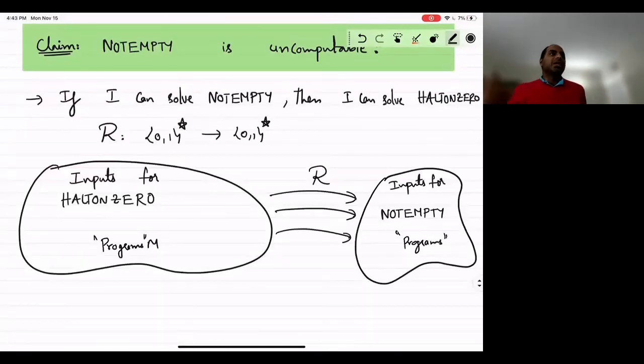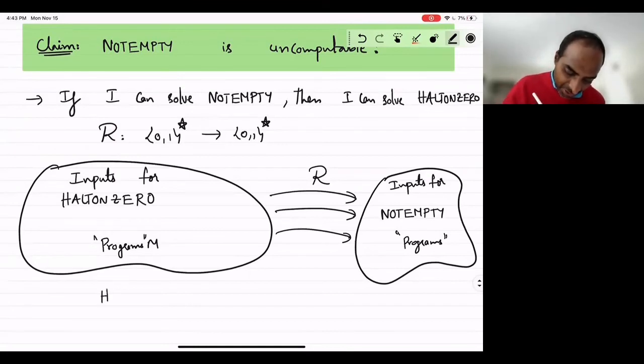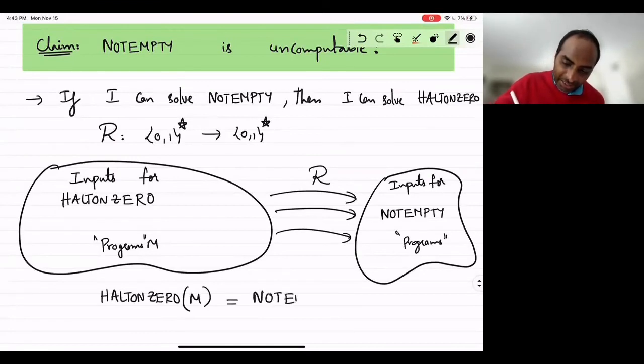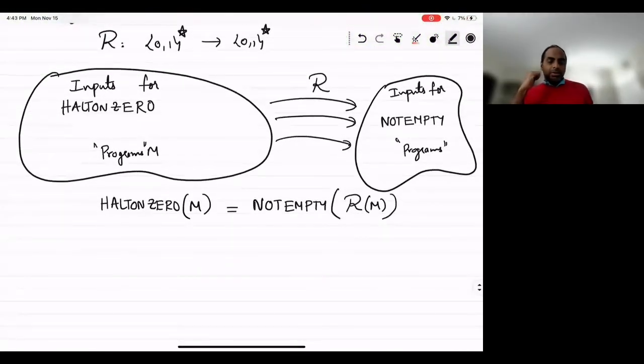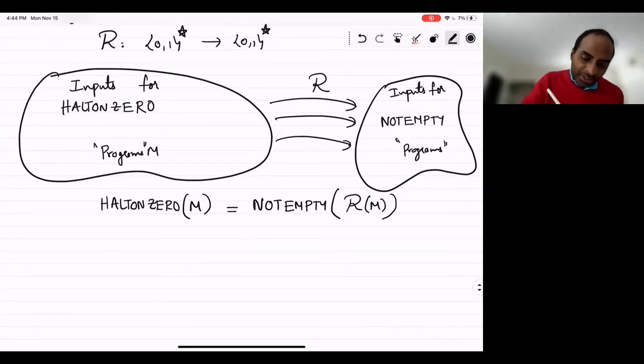So we need to go from one notion of programs to the other. Okay. And we want this conversion to satisfy the property that for any input string m, when we view it as a program, M halts on 0 if and only if the corresponding program that the reduction outputs has a string which makes it output 1. Okay, so that's the property that we want.